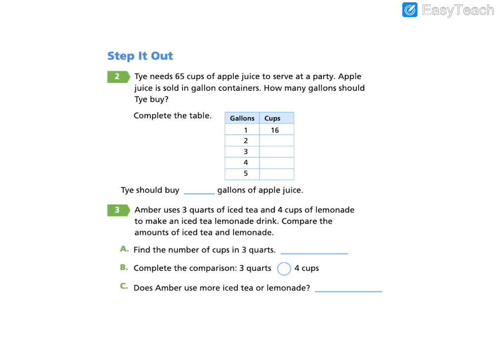Let's take a look at number 2. Ty needs 65 cups of apple juice to serve at a party. Apple juice is sold in gallon containers. How many gallons should Ty buy? Complete the table. We know 1 gallon is equal to 16 cups. So 2 gallons is equal to 32 cups. Go ahead and complete the table.